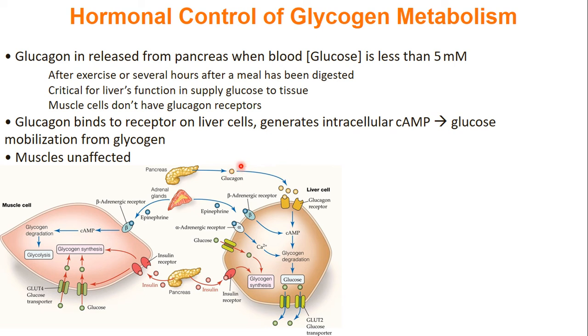So what happens is if your blood glucose levels are low, the pancreas will release glucagon. Glucagon will go and bind to glucagon receptors on different liver cells. When this interaction happens, these receptors will release cyclic AMP into the interior of the cell. This is your secondary messenger. Your primary messenger was glucagon.